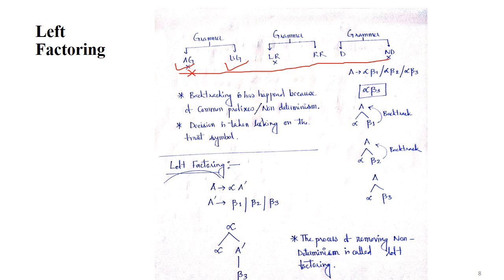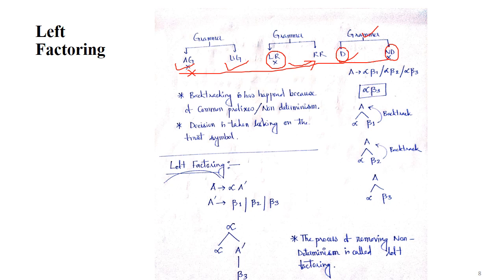Then left recursion: in the previous slide we have seen left recursion has some harmful effect, that is your infinite loop. So we always prefer right recursive grammar. Now here D represents deterministic and ND represents non-deterministic grammar. So in this type of grammar we always prefer deterministic version of our grammar. We don't prefer non-determinism or non-deterministic grammar.